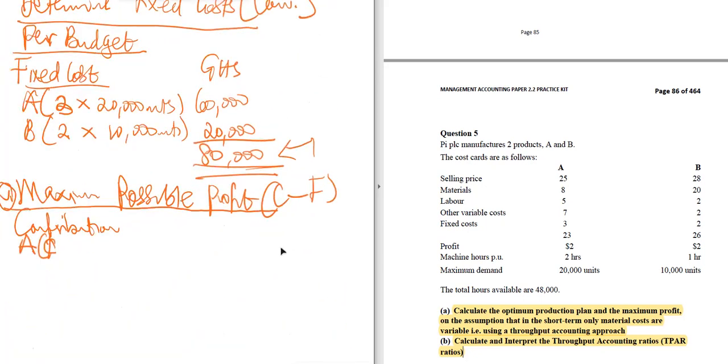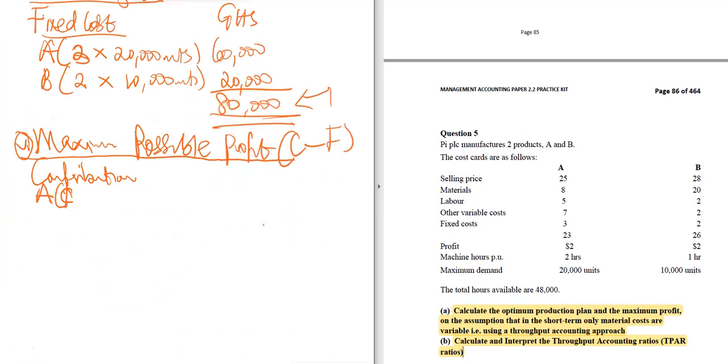So contribution for A is 5, but we are producing 19,000 units. This 19,000 is based on our production plan. And product B was 4 per unit, but we are producing 10,000 units.